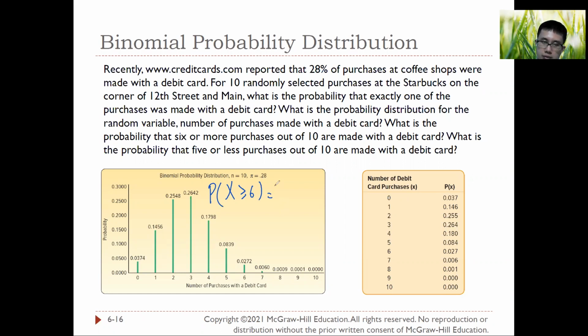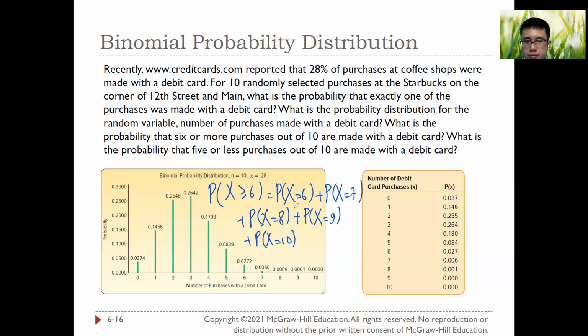And as you can see, every x here is mutually exclusive. They are disjoint. So to find this, we can sum up the probability of x equal to 6 plus x equal to 7 plus this and this.